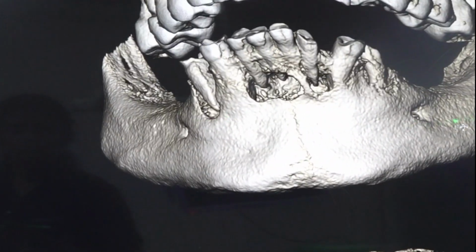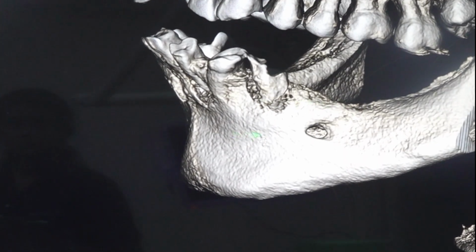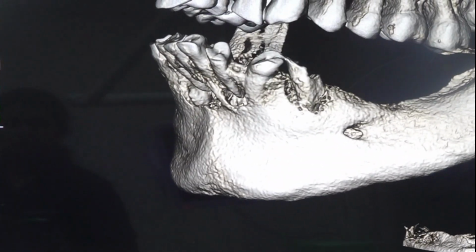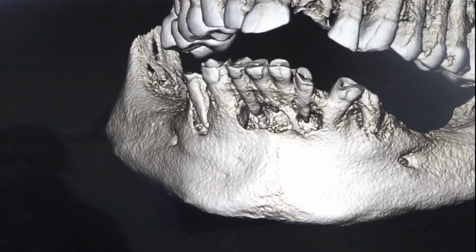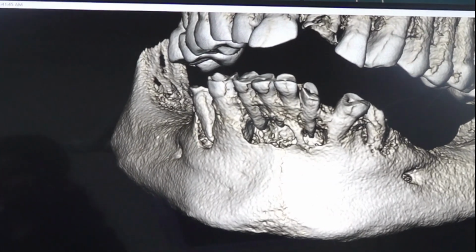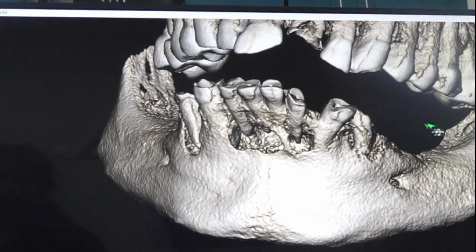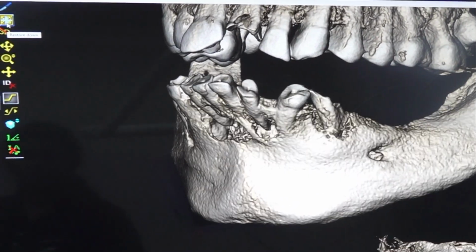So this 3D deformed view will give you a fair idea about the level of alveoloplasty. Now we have to plan for implants in the interforaminal region and in the distal mandible region. Okay. So there are two regions, one is the interforaminal and the other one is the distal mandible.